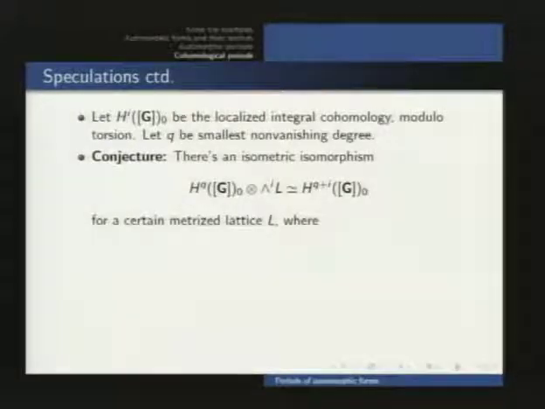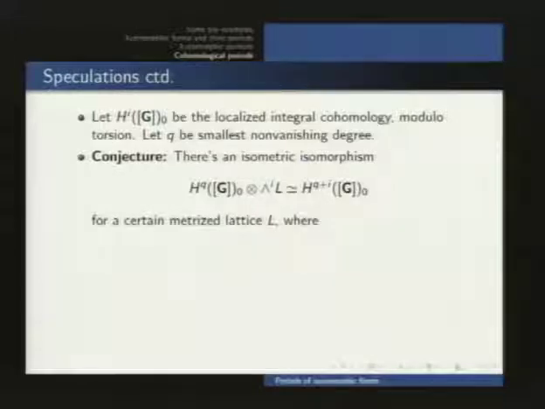So here's the conjecture. There's an isometric isomorphism from this lowest degree cohomology, tensor an exterior power of some fixed lattice L, which I'm going to tell you about, with the Q plus ith cohomology. So in other words, this describes as a lattice with metric any cohomology group in terms of the bottom one.